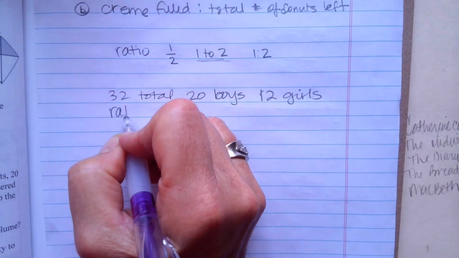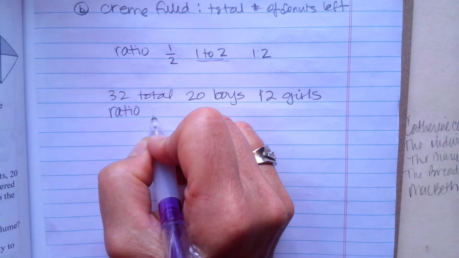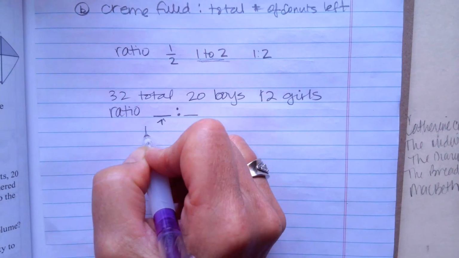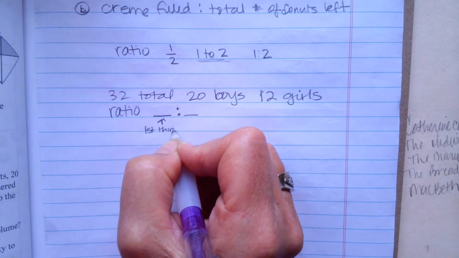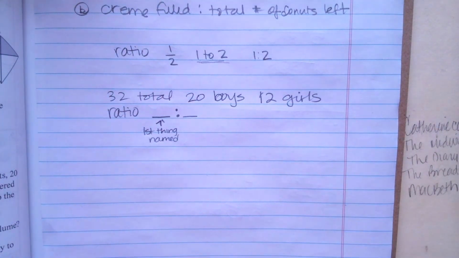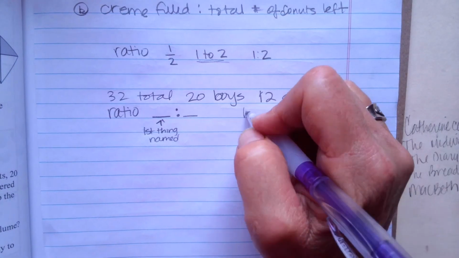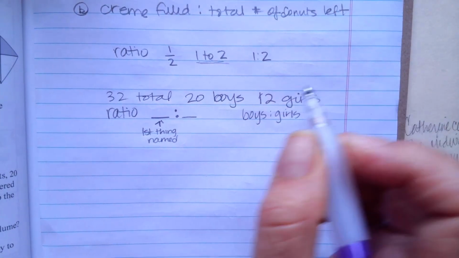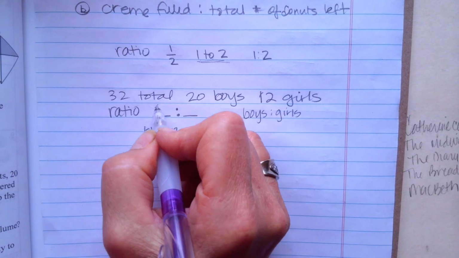So a ratio says that this is always the first thing named. So if I ask you to write a ratio boys to girls, you're going to put the number of boys here.